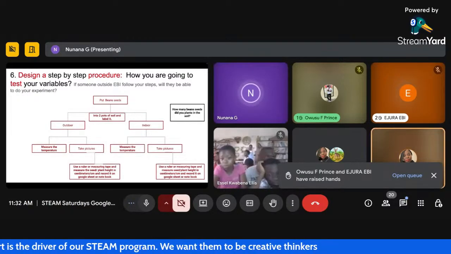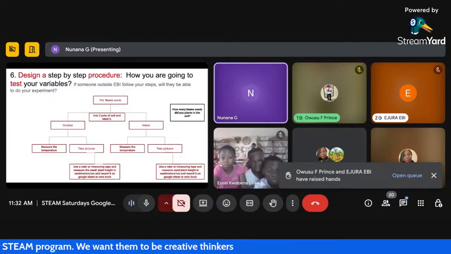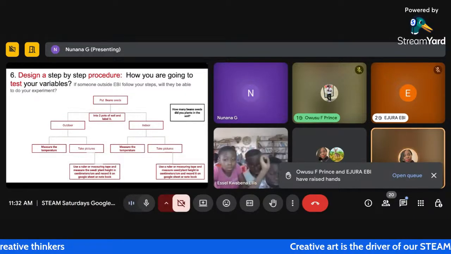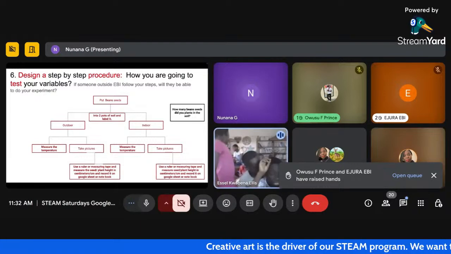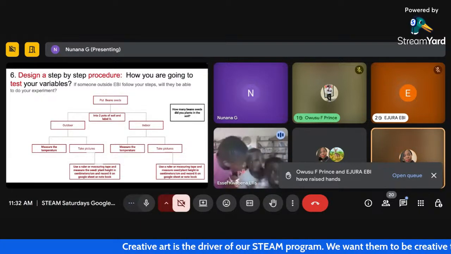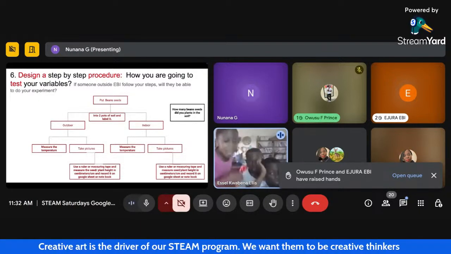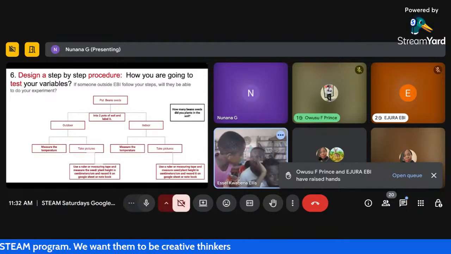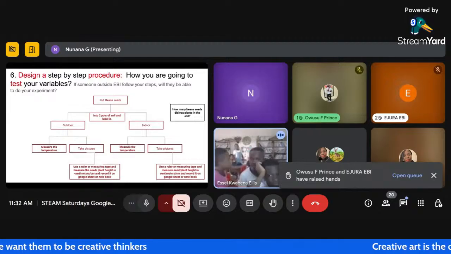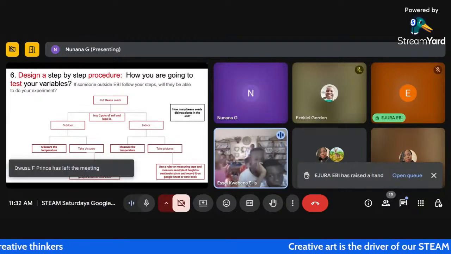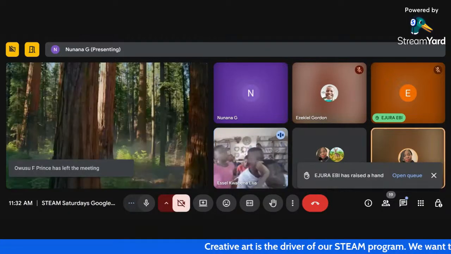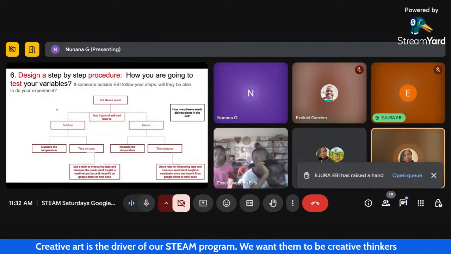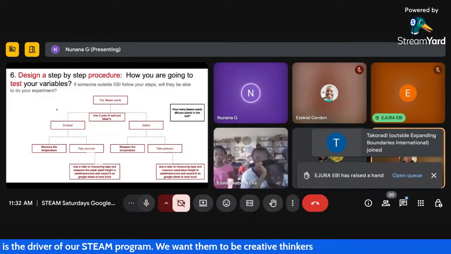What are the 2 pots you guys are working with? Naima said 1 plant for inside and 1 plant for outside. Okay, perfect.